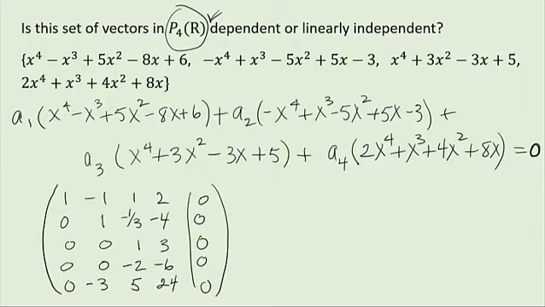So look at row 4 here. It's the same as row 3. If I divided it by -2, these two rows would be identical. So I'm just going to cross out one of them.